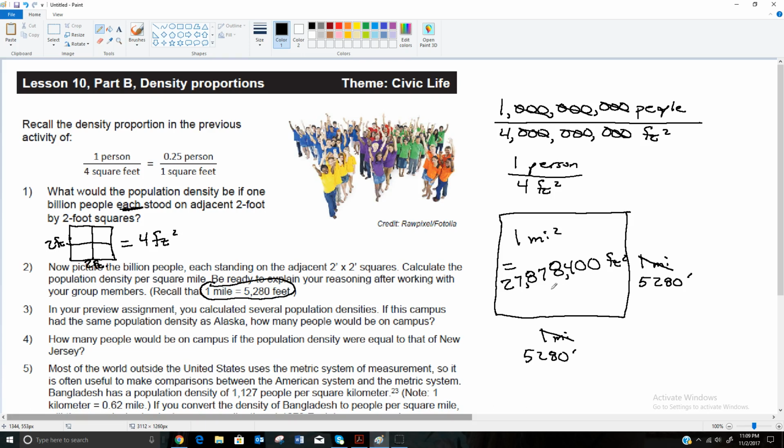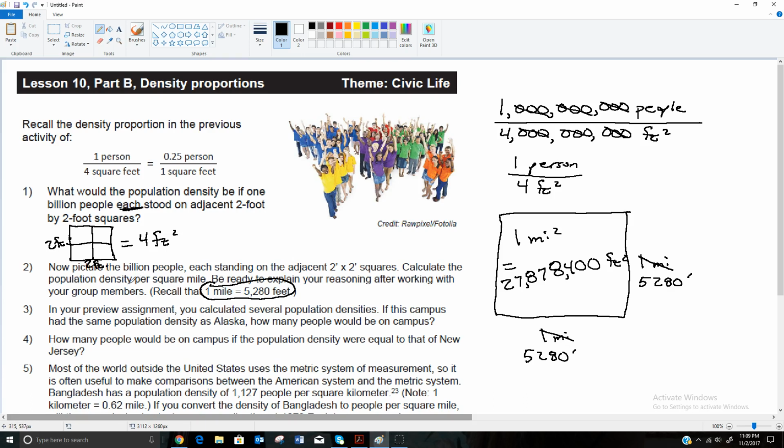Is it any wonder that it would take 27 million plus household tiles to cover that entire area? So it's not just 5,280, it's 5,280 squared, or 5,280 times 5,280.